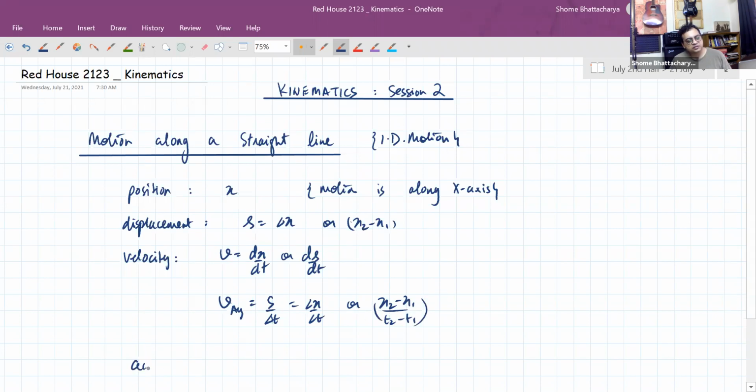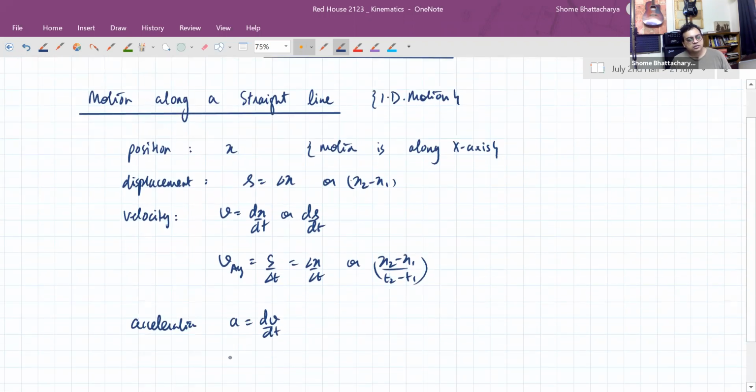And acceleration, a becomes dv by dt. And average acceleration becomes delta v by delta t, or v2 minus v1 upon t2 minus t1. Now we'll see some additional aspects of this today.